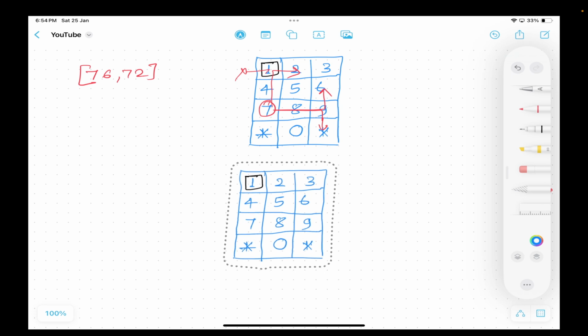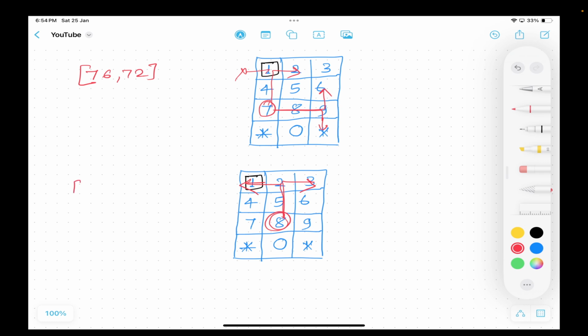From 8, if we start with 8, we can cover 81 and 83. Okay, so from 8, 81 and 83. Any other possibility? No, there is no other option. Here I am writing with 9. From 9 we can cover 92 and 94.